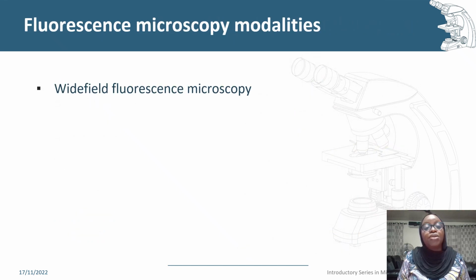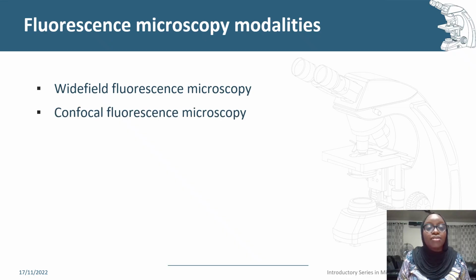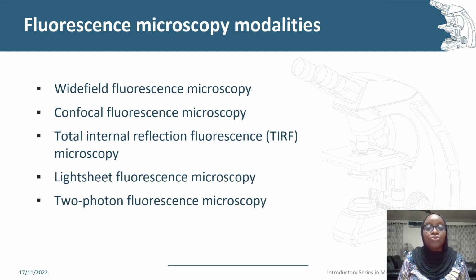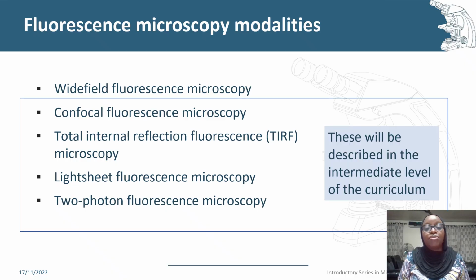Fluorescence microscopy modalities: we have wide field fluorescence microscopy, confocal, total internal reflection, light sheet fluorescence microscopy, and two photon fluorescence microscopy. We're going to talk about wide field fluorescence microscopy, while the others will be described at the intermediate level of the curriculum.